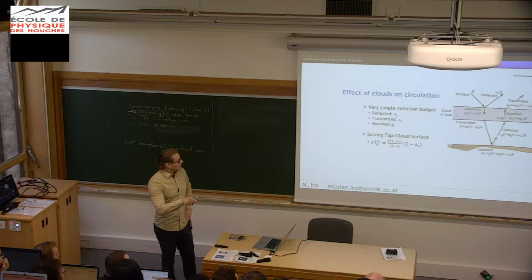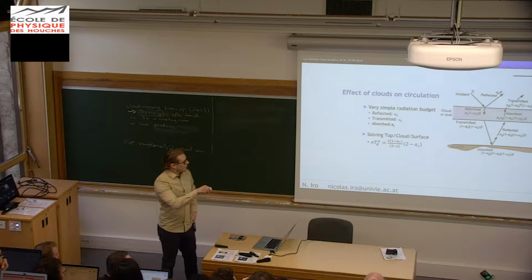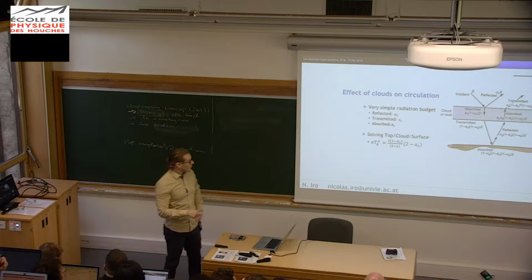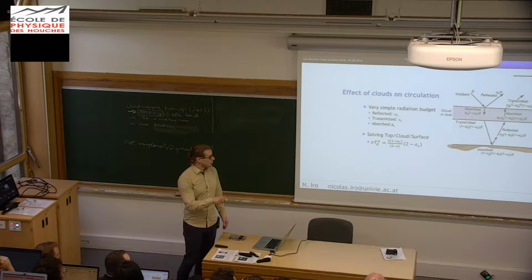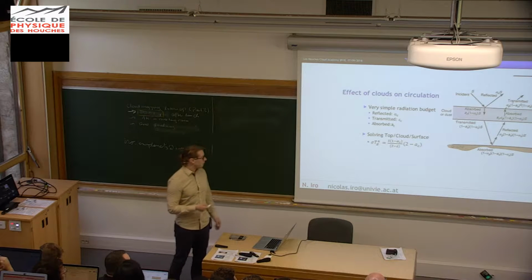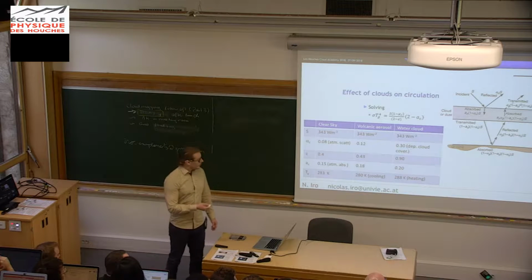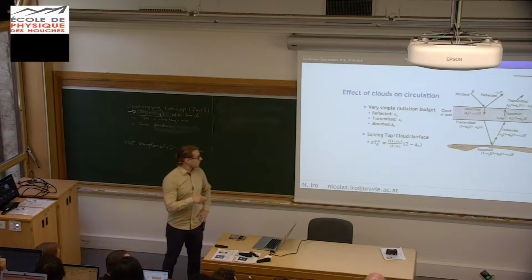If you make the balance between internal, reflected and transmitted radiation at the top of the cloud, in the atmosphere and on the ground, you can easily get to this relation when you put everything to equilibrium. And that really depends on the reflective effect, the transmission, and the absorption of the clouds.